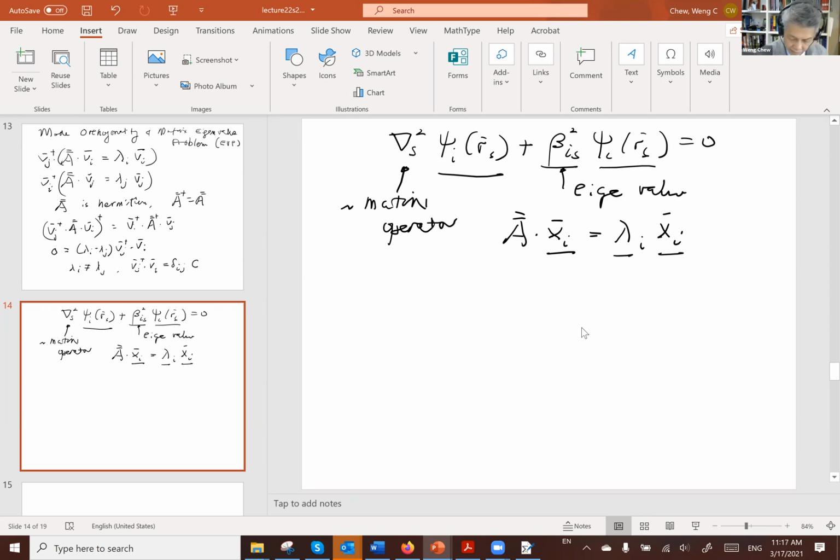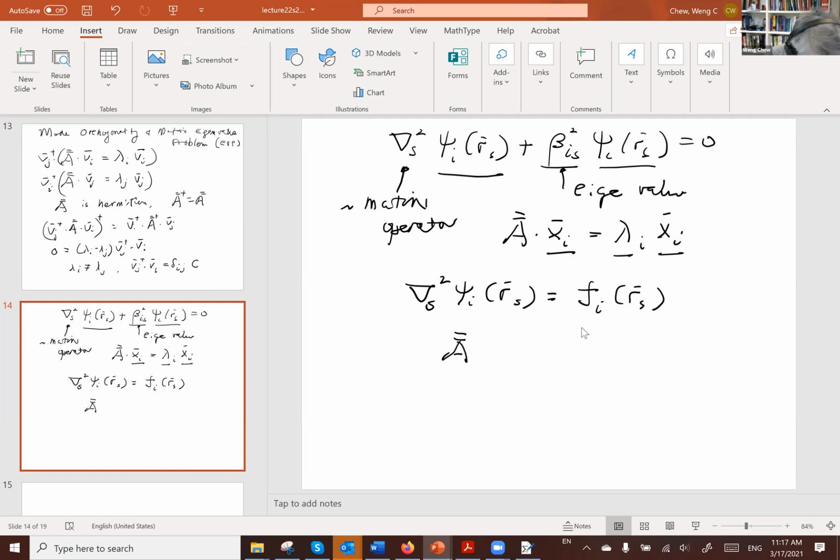So you just have to think of the Laplacian operator as being a linear operator of some sort. You can think of this transverse Laplacian operator that when it operates on a function r sub s, it produces a new function. So this is very much analogous to a matrix times a vector equal to a new vector.